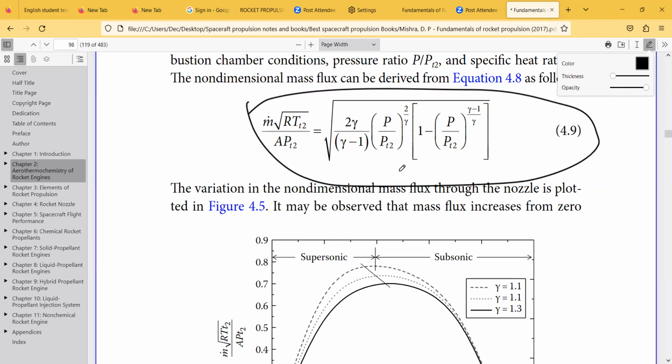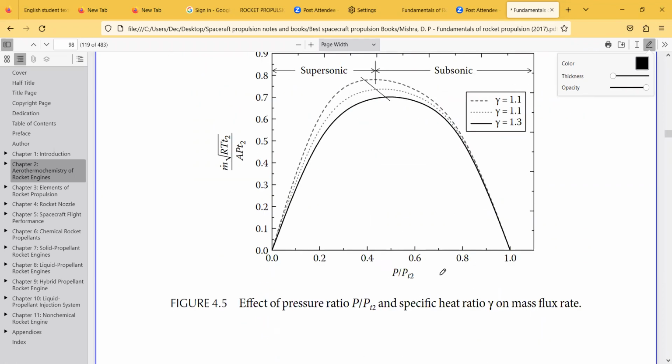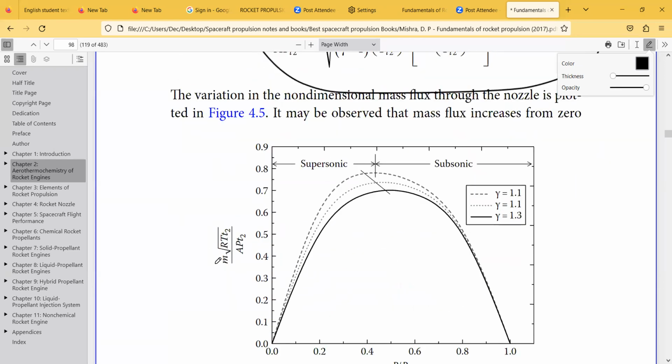So this shows the variation in the non-dimensional mass flux through the nozzle, which is plotted here. It is in relation to the pressure at any particular point divided by the pressure at entrance, versus the mass flux rate. Okay, this is the mass flux rate.